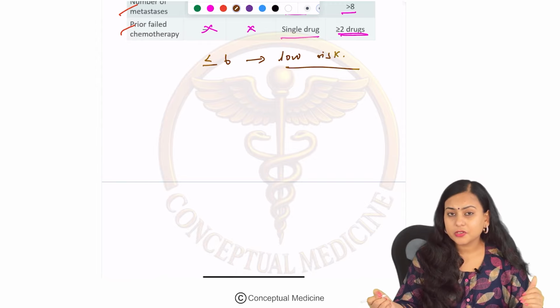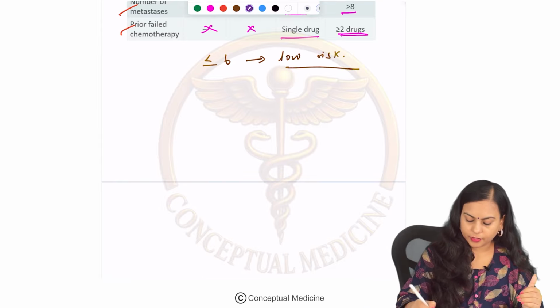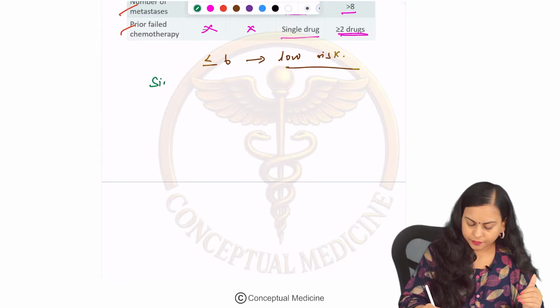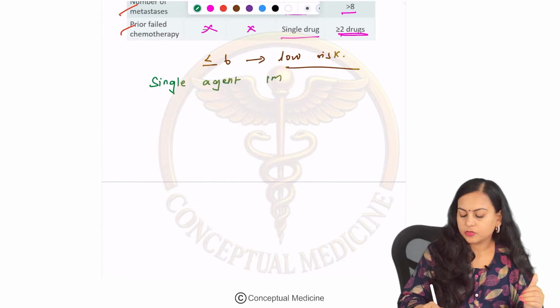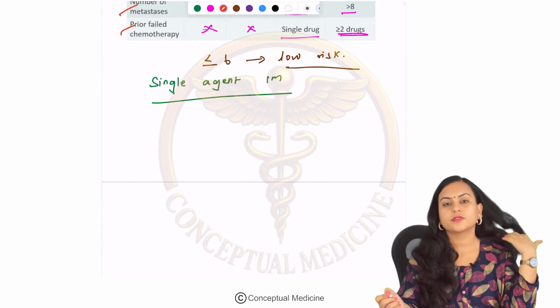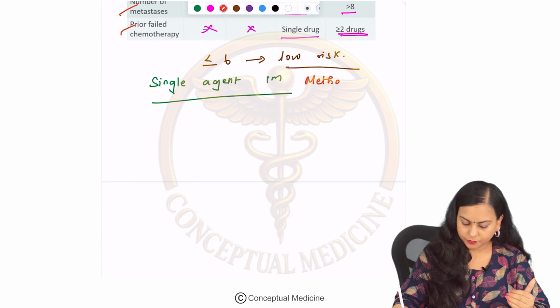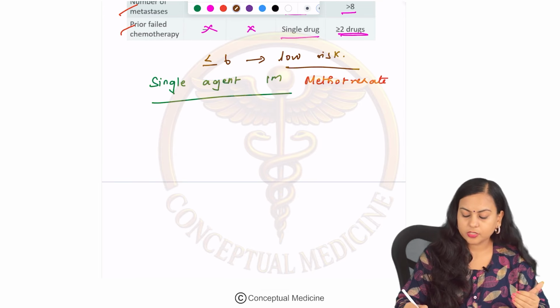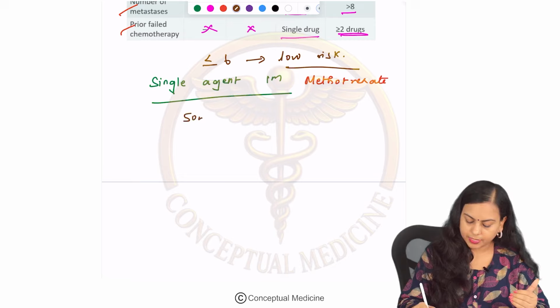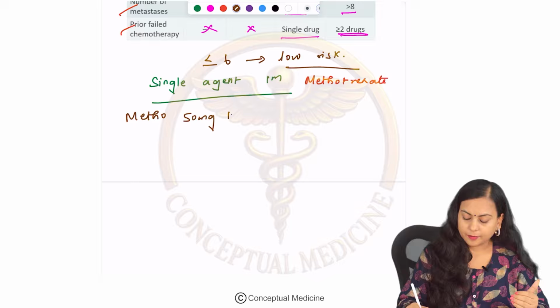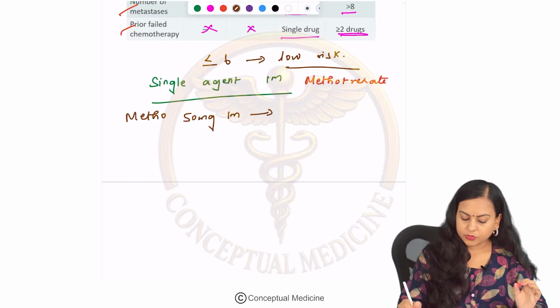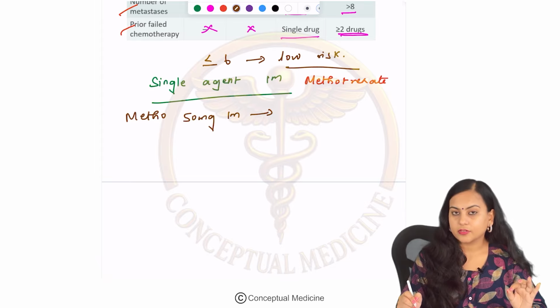When the patient is a low risk patient, you will offer them a single agent as an IM injection. So what is the agent we use here? Yes, it is going to be methotrexate. The dose of methotrexate we give is 50 milligram IM, and it is given with folinic acid rescue.